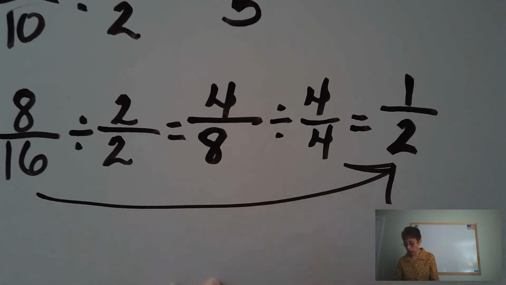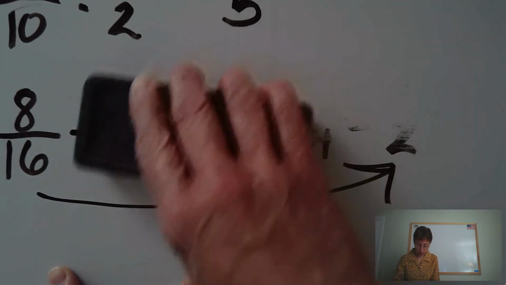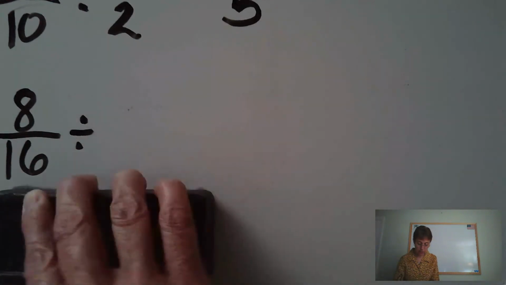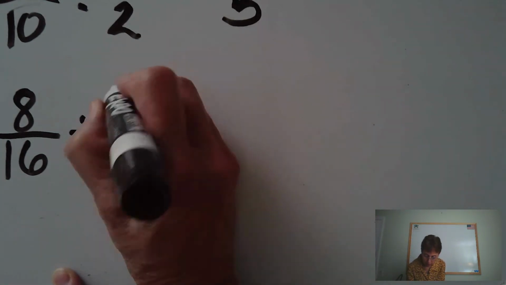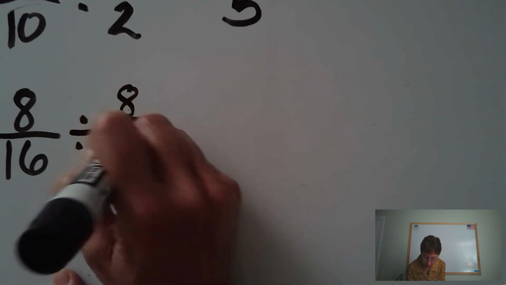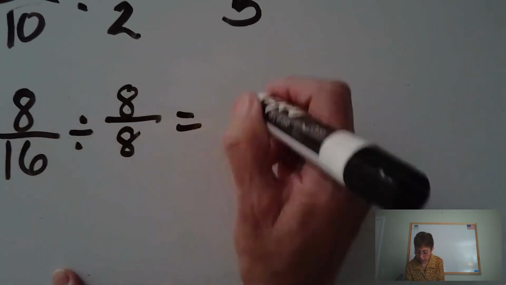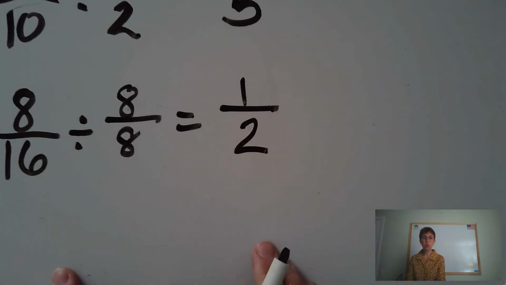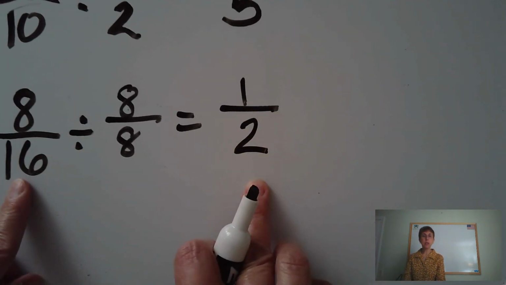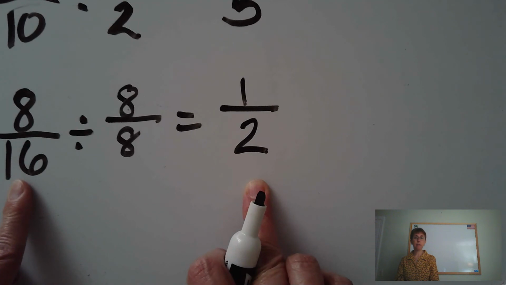Okay, now how could we have eliminated all of these other steps? Well, if you looked at 8/16 and you realized, you know what, I can divide by 8/8. And 8 divided by 8 is 1, and 16 divided by 8 equals 2, and 8/16 equals 1/2.